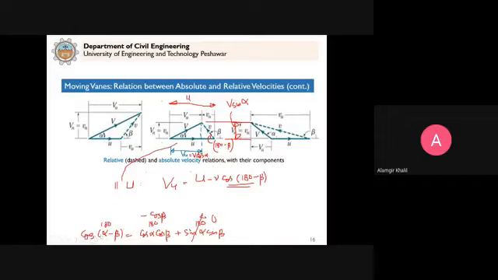It means that cos of 180 minus beta is equal to minus cos of beta.